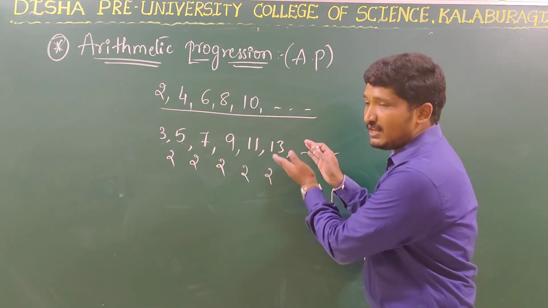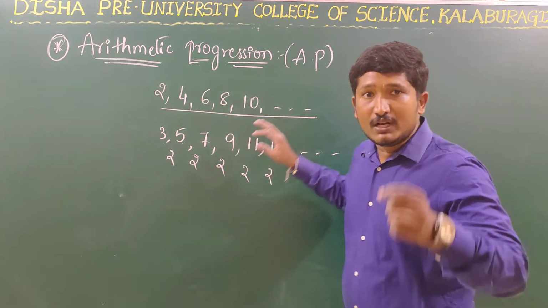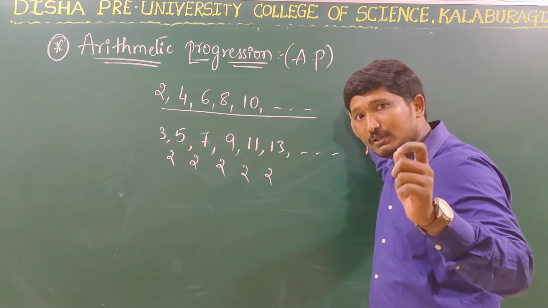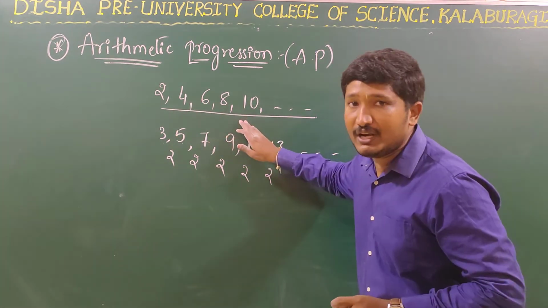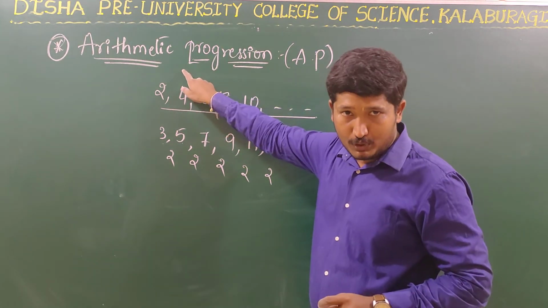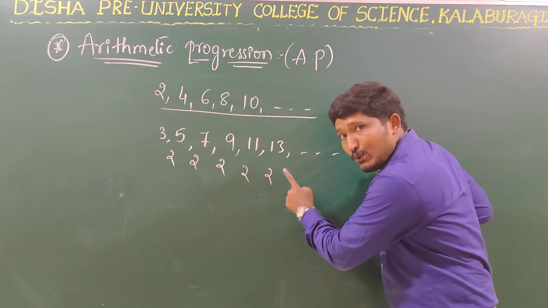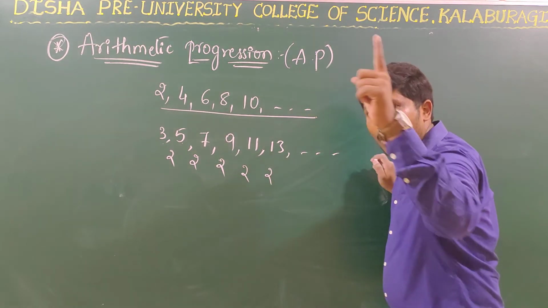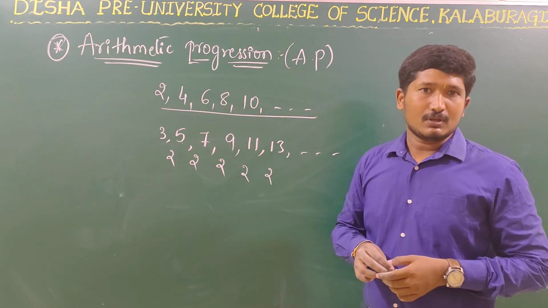So, what is the meaning of this? Whenever you add a fixed number to each and every term of the arithmetic progression, the obtained new progression will also be an arithmetic progression. It will not change, right?